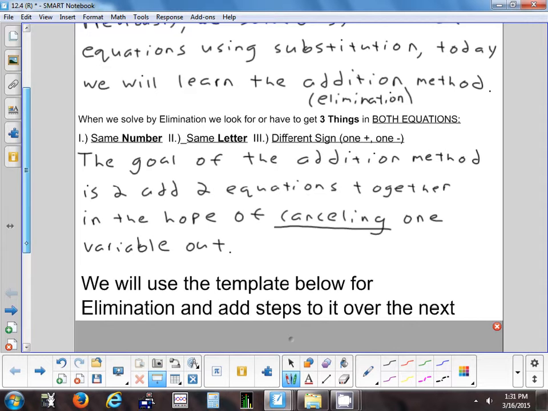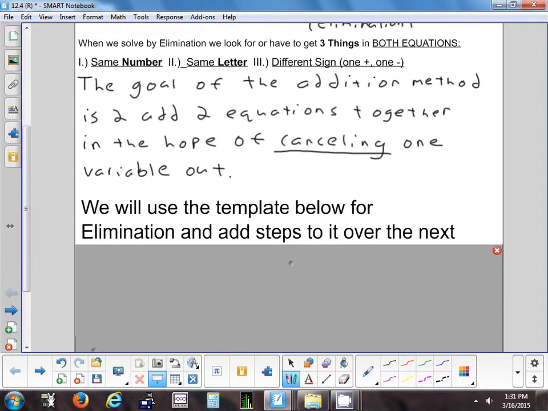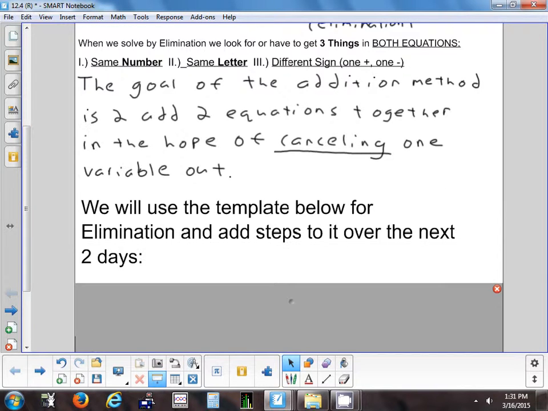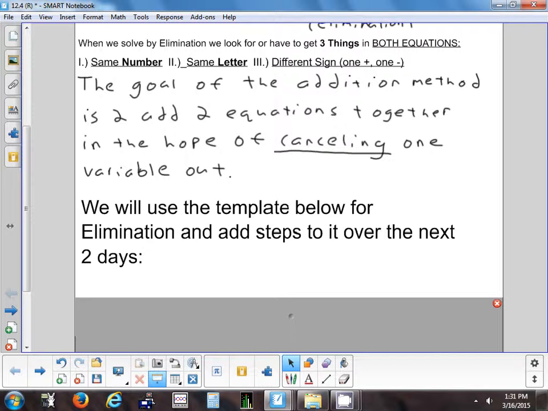Okay, so Mr. Roy is going to show you the template that we're going to use all week. All right, so guys, whether it be a test, homework, or a warm-up, you'll have this template. Like tonight's homework, the template's already on there. It's already set up, because I know sometimes you just get the problem and don't know where to start.